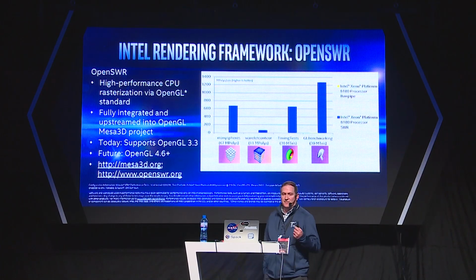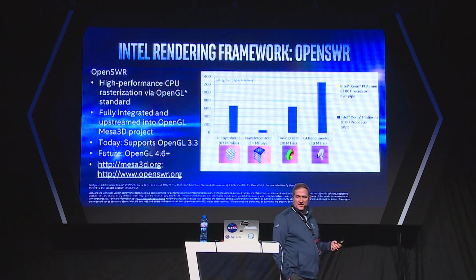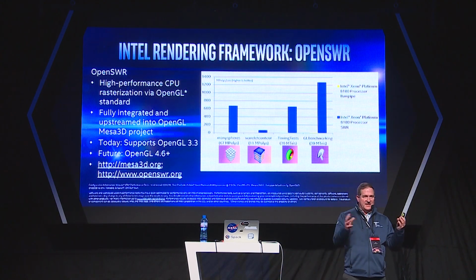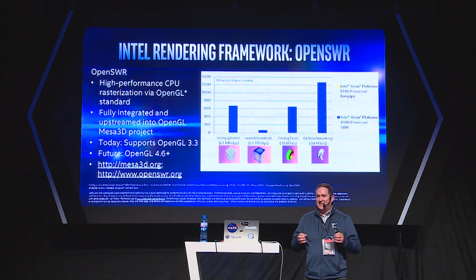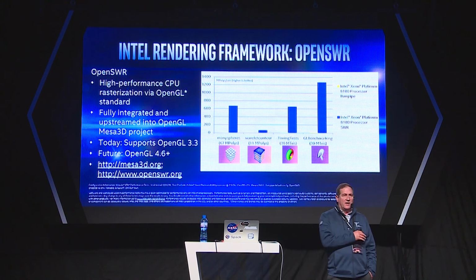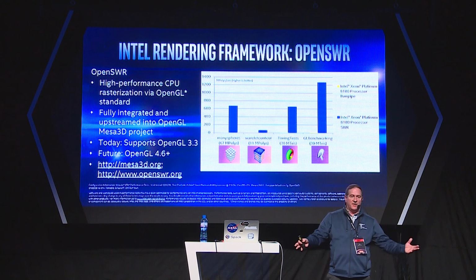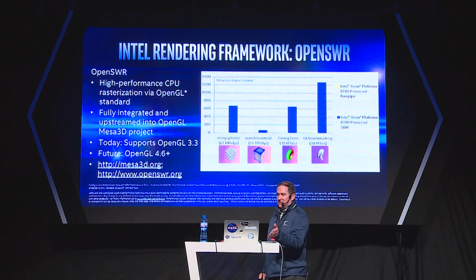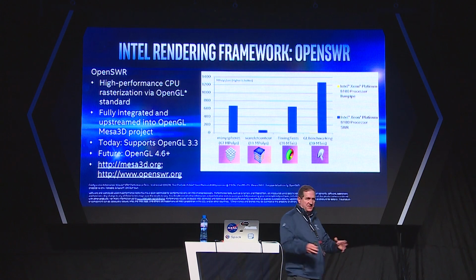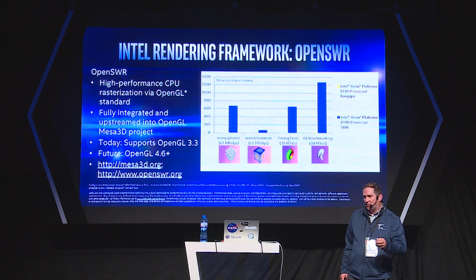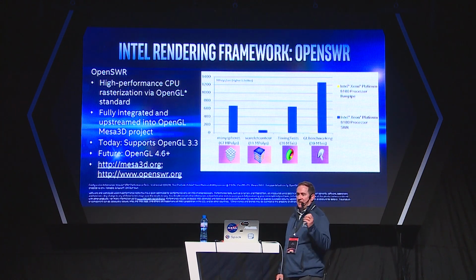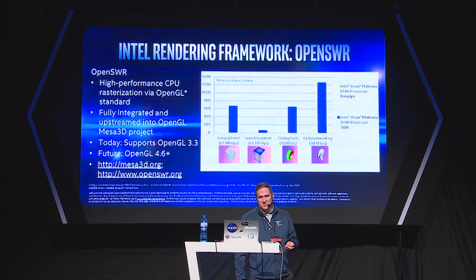So this takes it from its traditional history, which has been either tiny data that could run interactively, maybe 1 to 2 frames per second, or a batch job where you render off the back and it doesn't matter how long. OpenSWR takes your whole system, your whole environment, and makes it an interactive system for OpenGL rendering. We typically get anywhere from 10 to 30 frames per second.